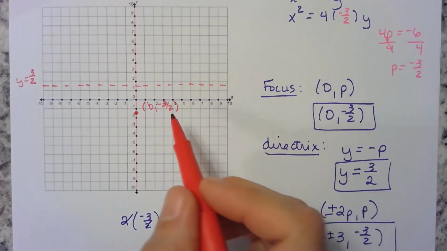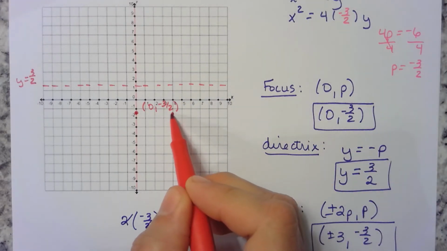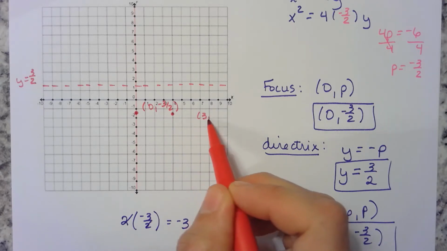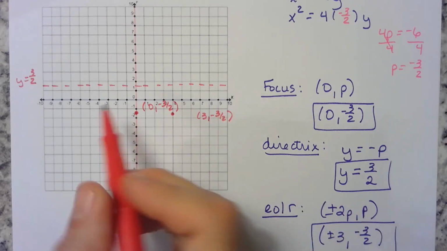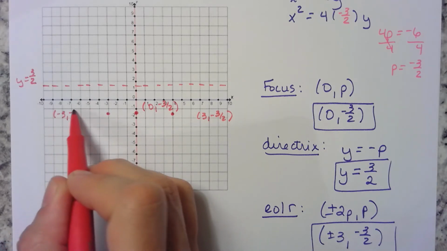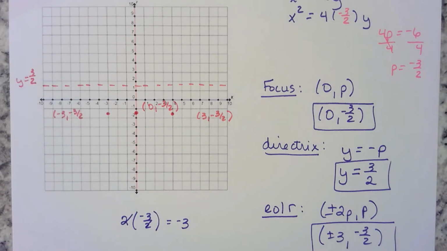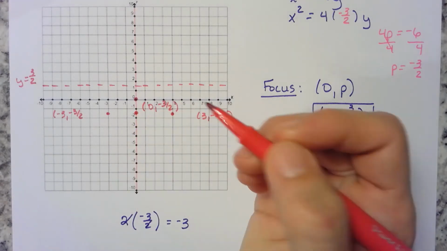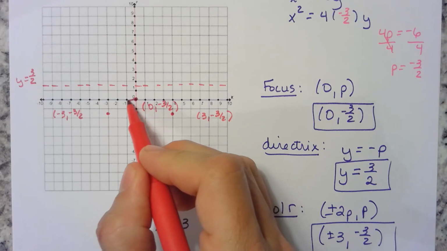So we're going to go to 3, negative 3/2. And we're going to go to negative 3, negative 3/2. Our vertex is, of course, at the origin, and the parabola goes through those endpoints.